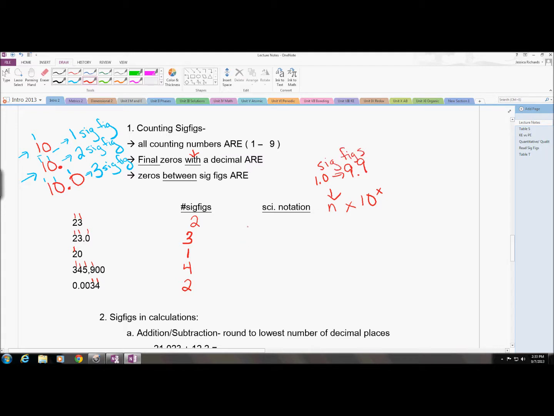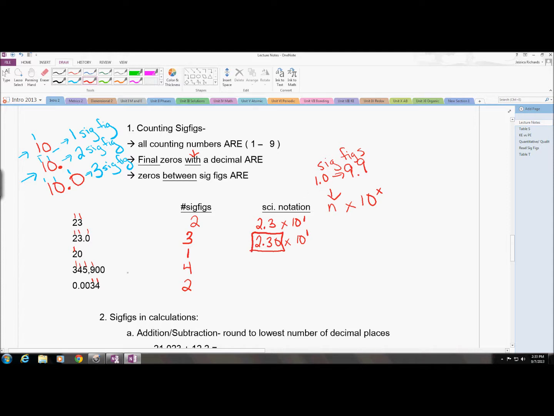So if I were to write 23 in scientific notation, I would write 2.3 times 10 to the first. If I were to write 23.0, I would have to write 2.30 times 10 to the first. Because it has 3 significant figures, you have to show all 3 of those significant figures.